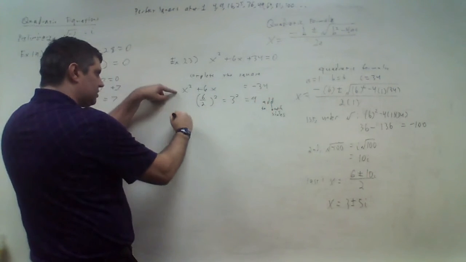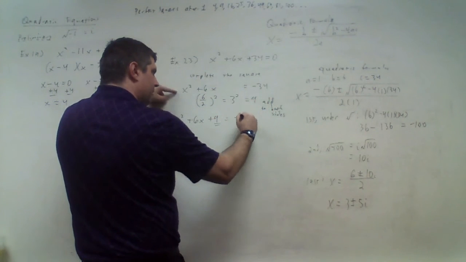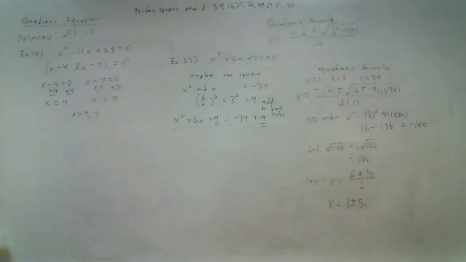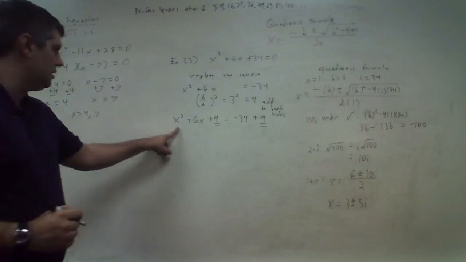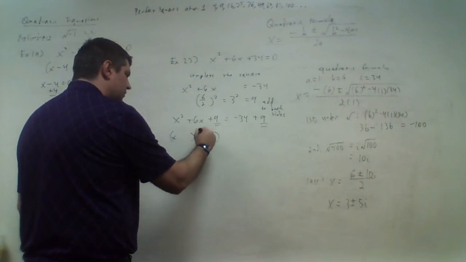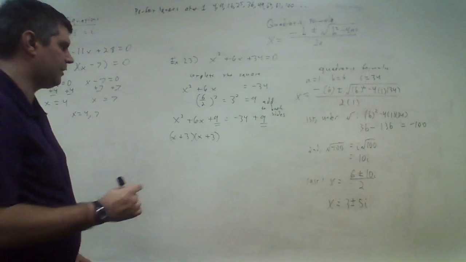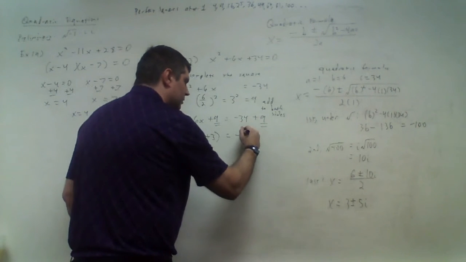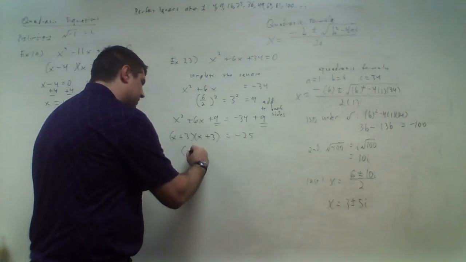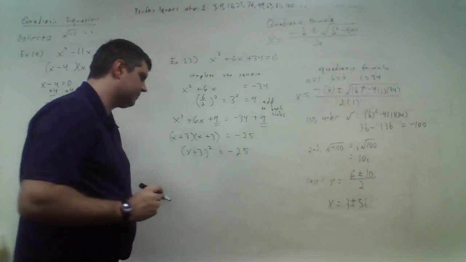So we have x squared plus 6x plus 9 equals negative 34 plus 9. Okay, two factors of 9 that add to 6, well, 3 and 3. Positive 3, positive 3. And this is going to be negative 25. So x plus 3 squared equals negative 25.